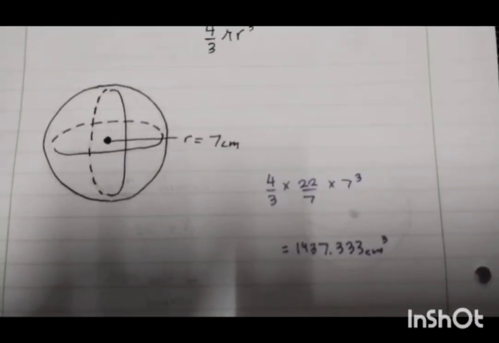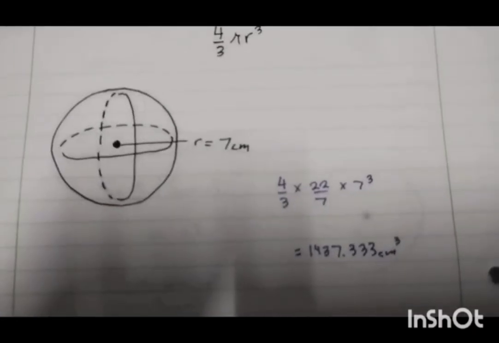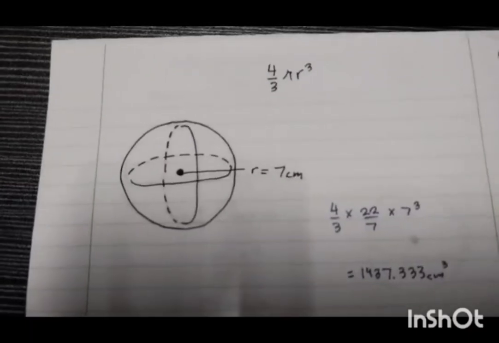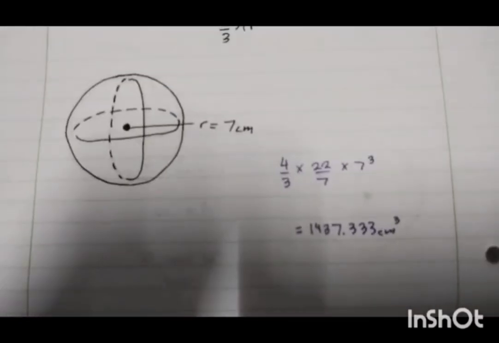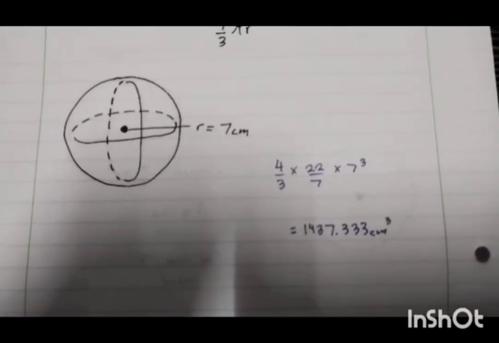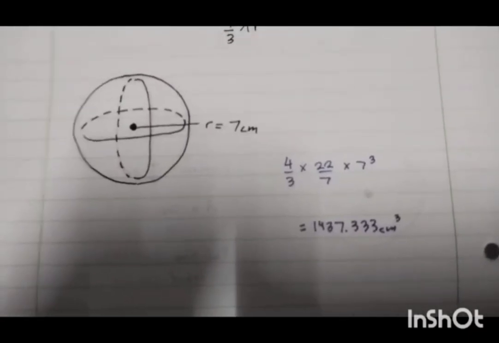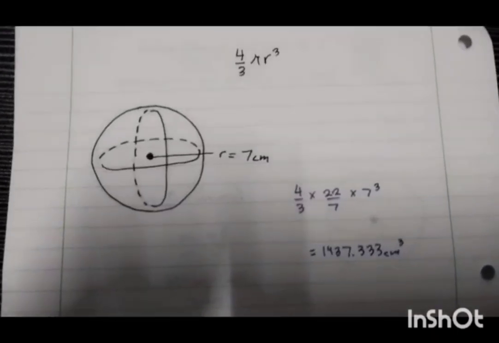It's 4 over 3 times 22 over 7, that's our pi, times 7 cubed, because the radius is 7, but make sure it's cubed. Calculating that on a calculator, the final answer will be 1437.333 cm cubed.